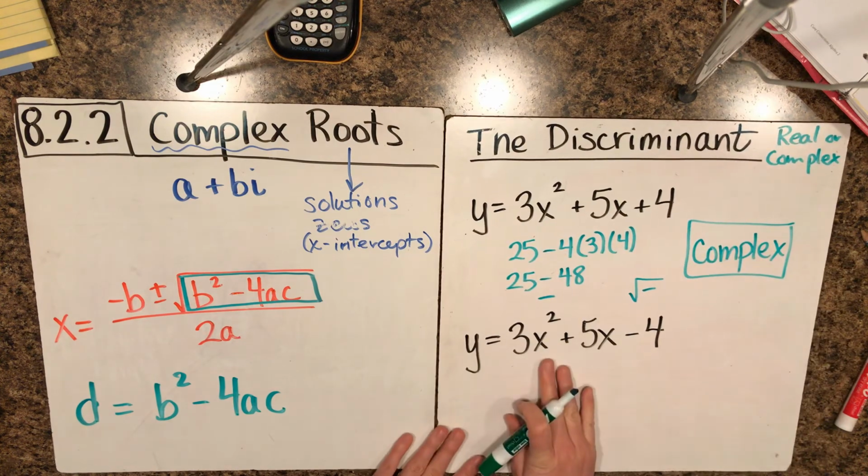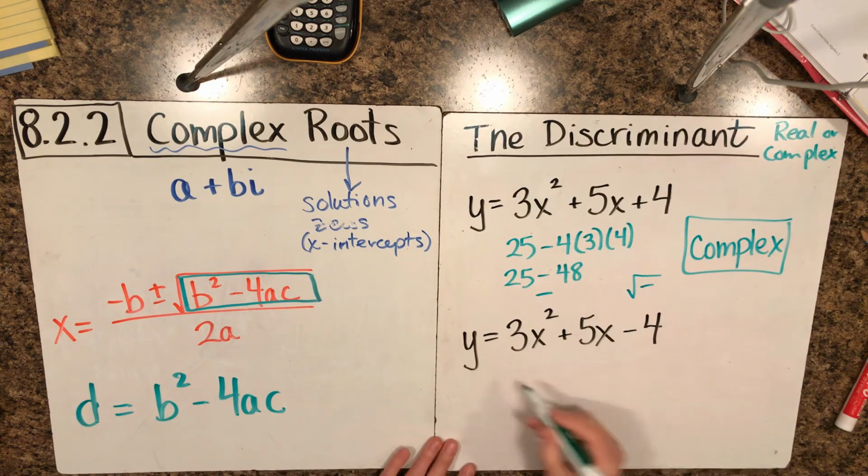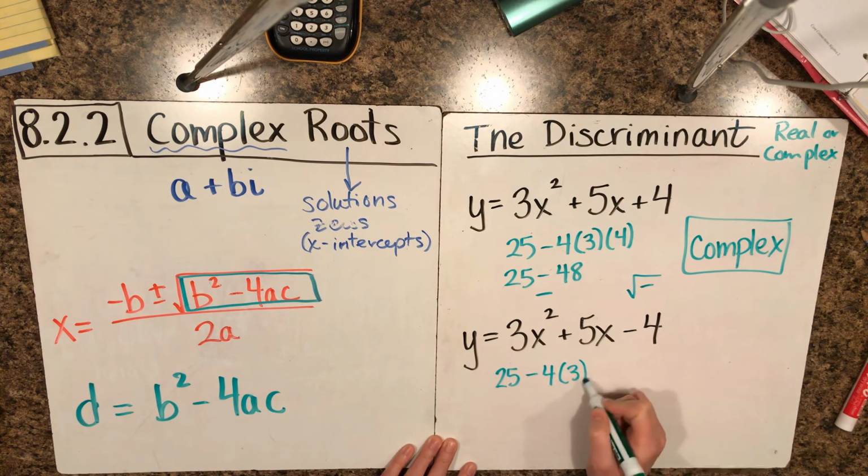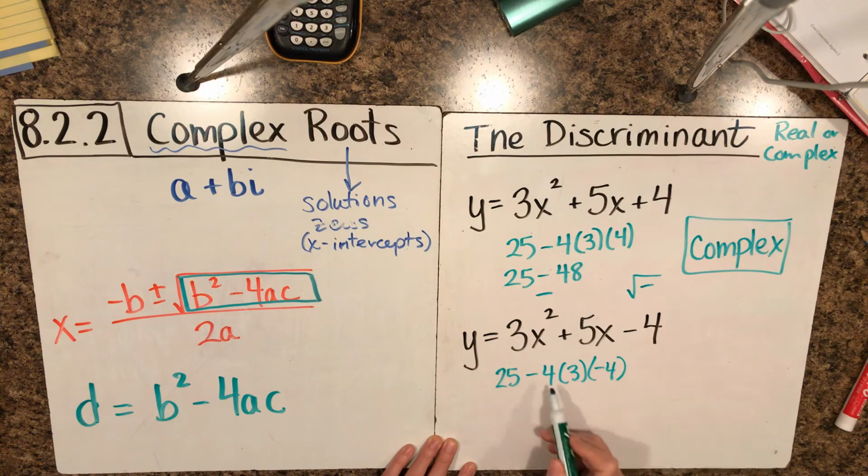Okay, let's try this one. Just using the discriminant, b squared minus 4 times a times c. Now this time I have a negative 4 times 3 times negative 4. Negative times a negative is positive. So this is going to be 25 plus 48. Again, I don't even care what that actually is. All I know is a positive plus a positive is a positive.